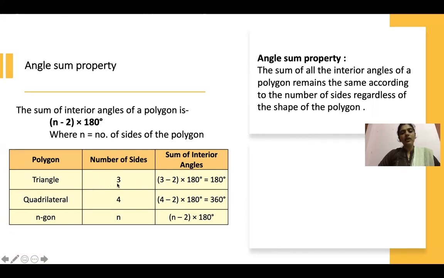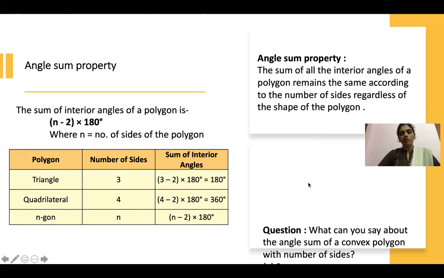For triangle, we have three sides. If we put n as 3, n minus 2 into 180 becomes 3 minus 2 into 180, that is equal to 180. As we know, the sum of angles of a triangle is equal to 180. So it is true for all polygons. Similarly, we can find the sum of interior angles for other polygons also.